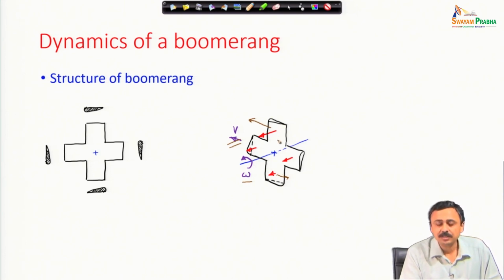The arm at the top in this configuration will generate a higher lift, and the arm vertically at the bottom will generate a lower lift, because of the combination of the spin and the throw velocity.